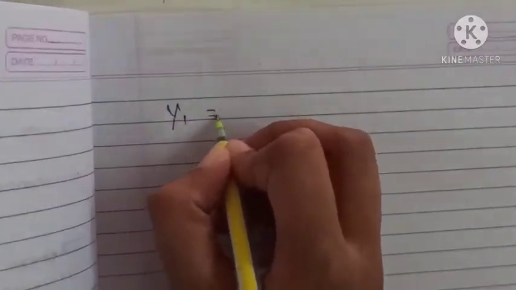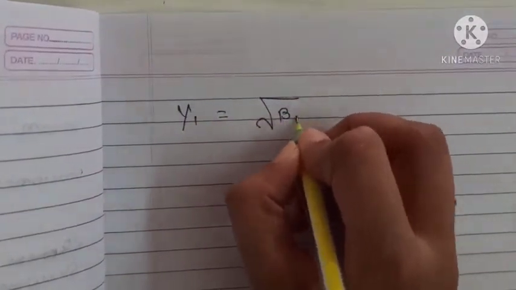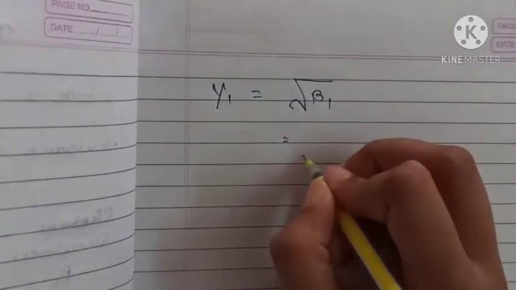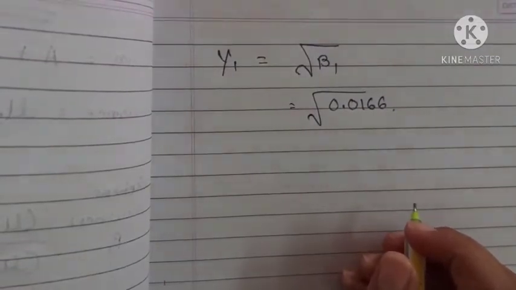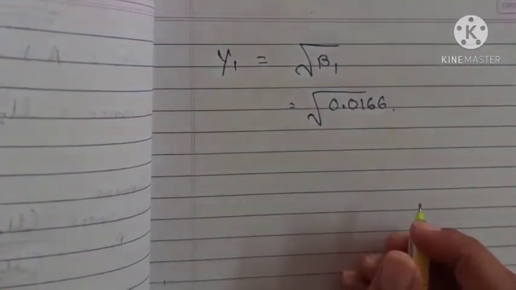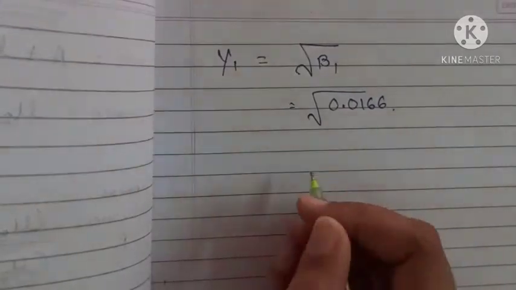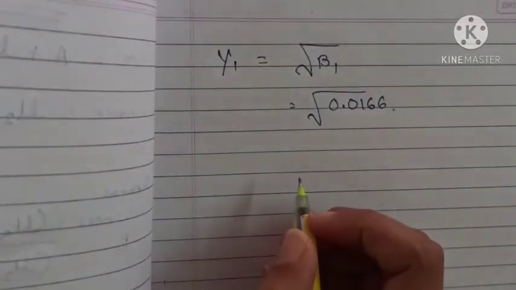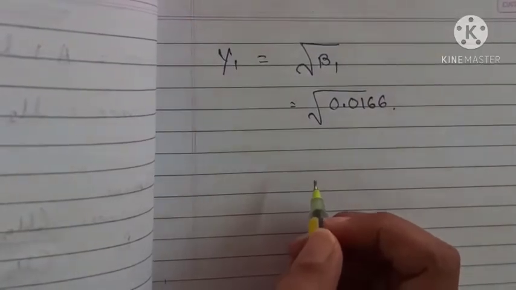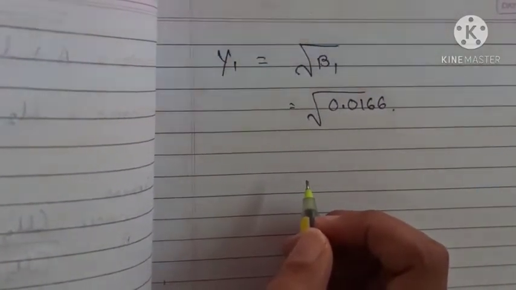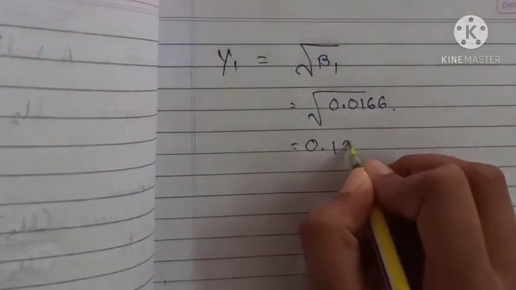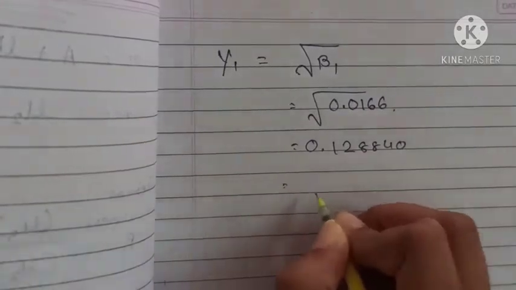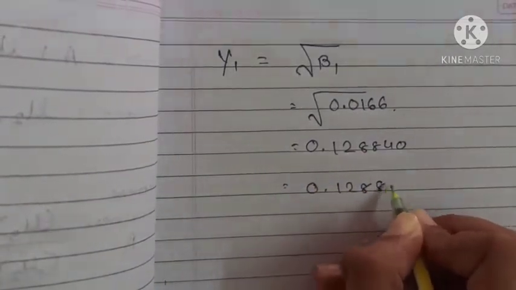Then gamma 1 is equal to under root beta 1. So beta 1 is equal to 0.0166, and the square root of that is 0.1288.